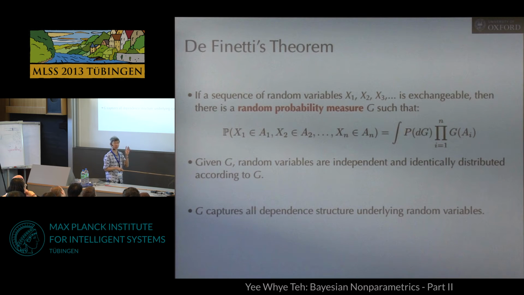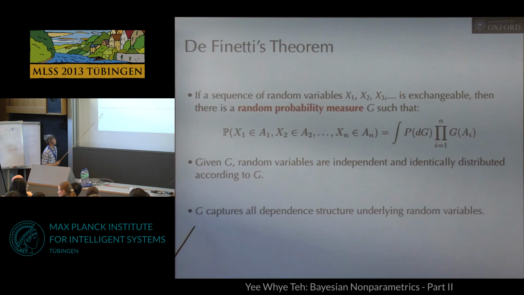So G is basically the distribution of each of the xi's, which are going to be IID conditioned on G. Each of them has a distribution given by G, and G itself is random and has a distribution given by P. So given G, the random variables are IID distributed according to G.